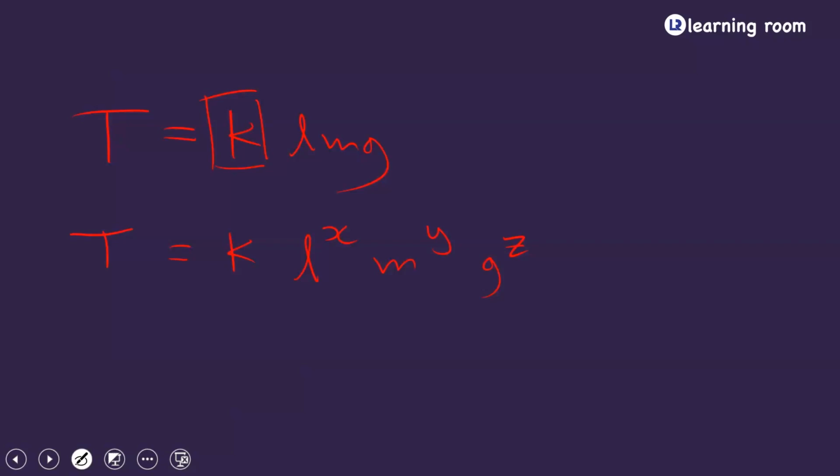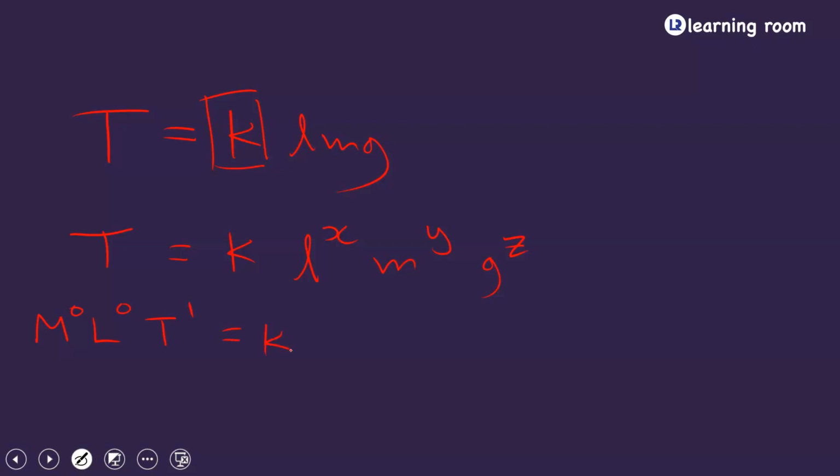Okay. So what I'll do is, now I'll write T in terms of M, L and T. So what is it going to be? M raised to 0, L raised to 0, and T raised to, it's not -1, it's 1. Okay.